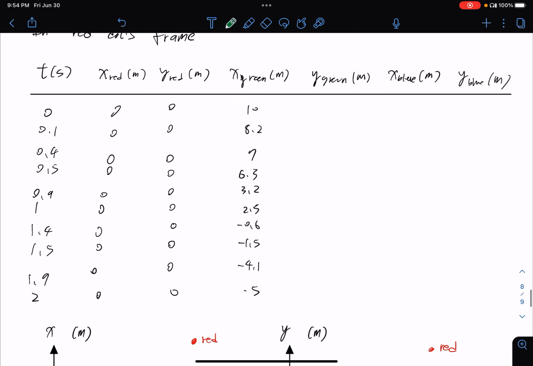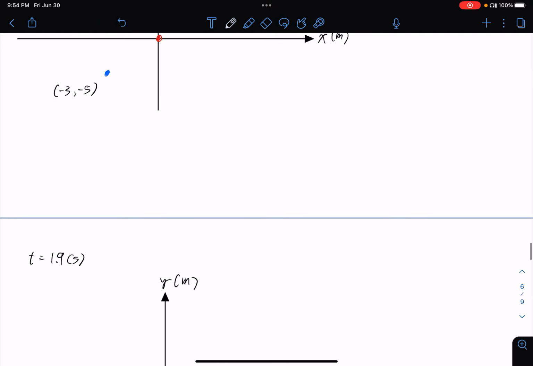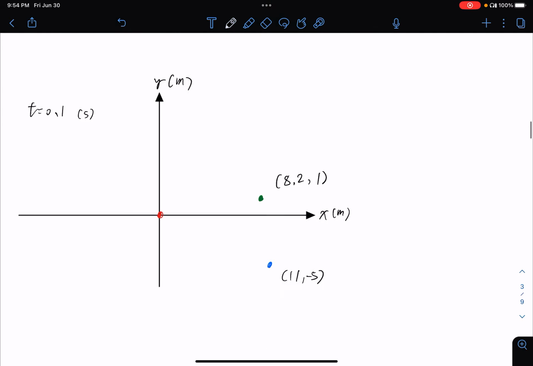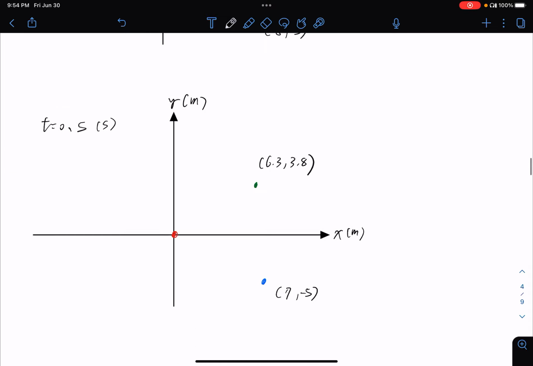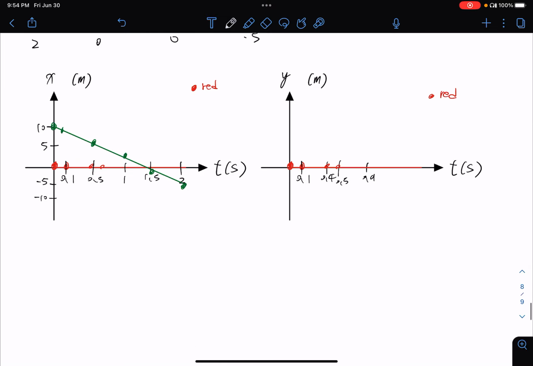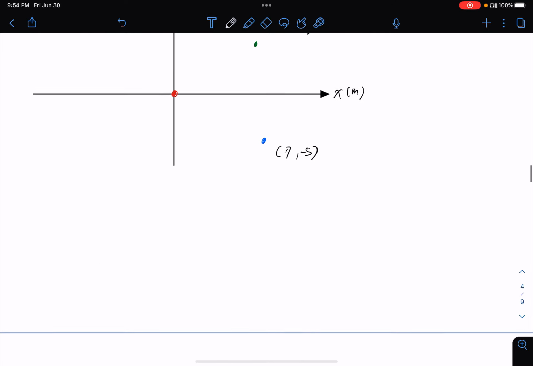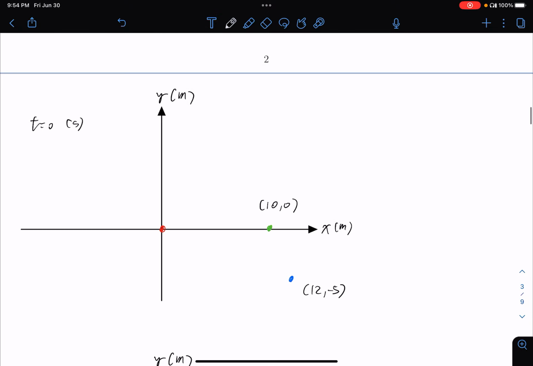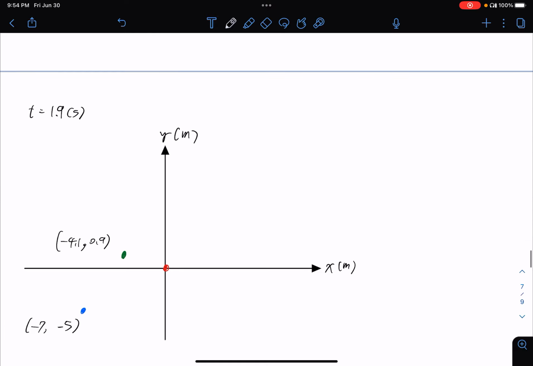Now let's do the yt graph for the green dot. For the green dot, we just copy the y position instead of the x position. 0 and 1. Let's do 2 states at a time. 3.1, 3.8.